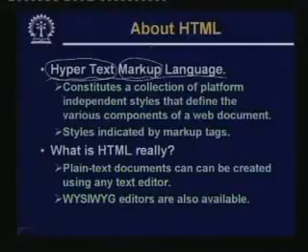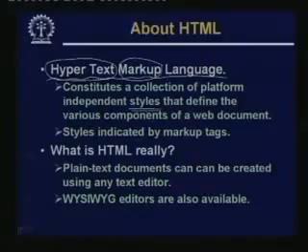This HTML actually constitutes a collection of platform independent styles. This is called platform independent in the sense that you can view these files on any browser you want. It can be Explorer, it can be Konqueror, it can be Mozilla. So in that sense, these styles are considered to be platform independent.